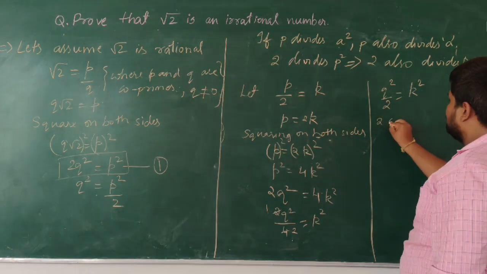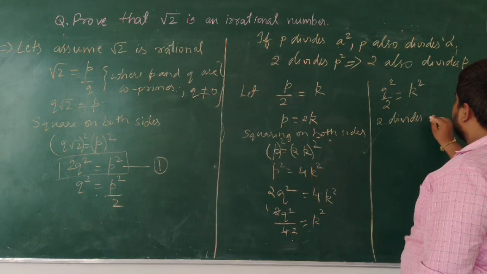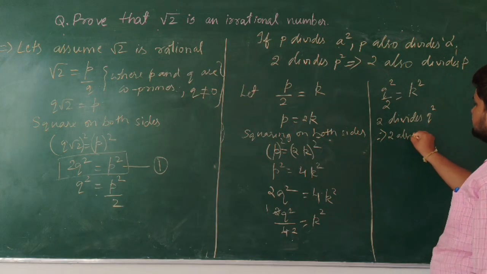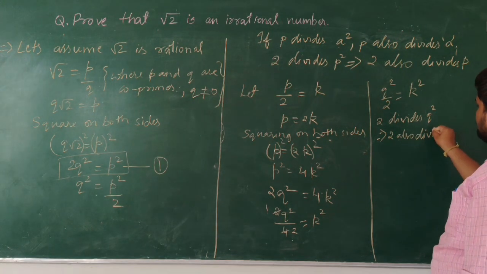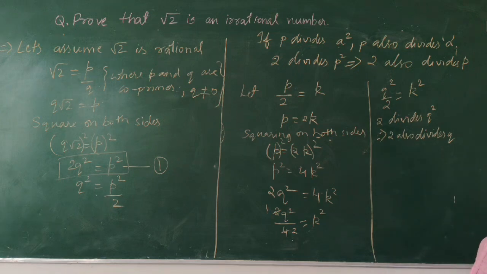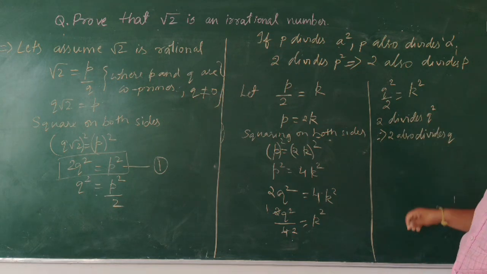So we can write 2 divides q square implies 2 also divides q.